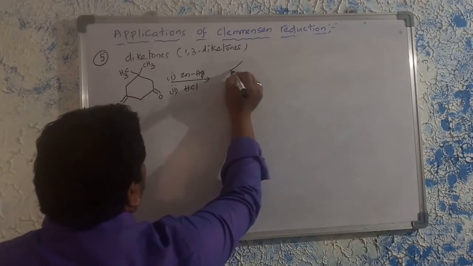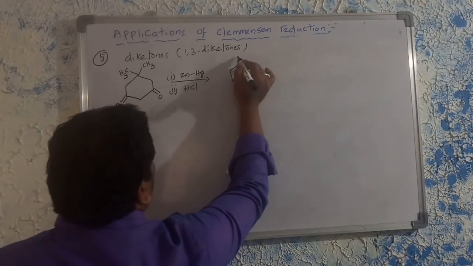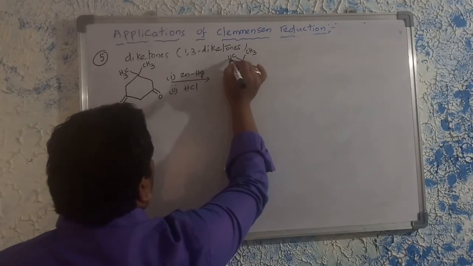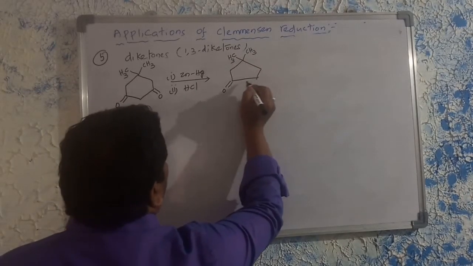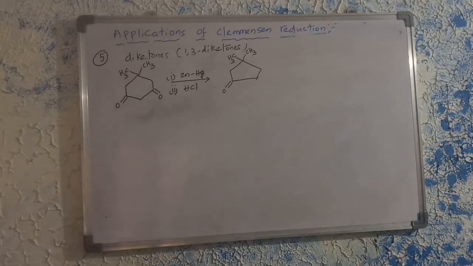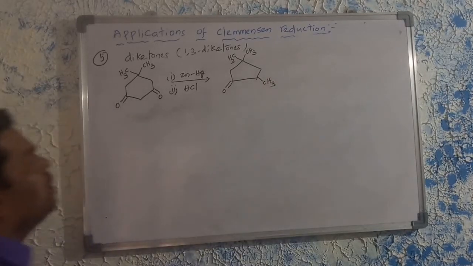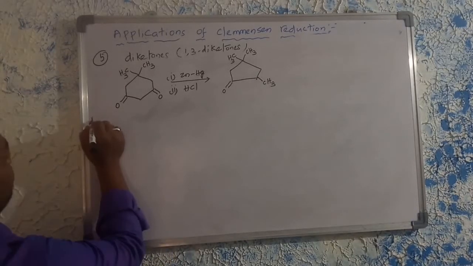The product is a 6-membered ring converting into a 5-membered ring. Here the 6-membered ring converts into a 5-membered ring, and this is the product. We will see the mechanism for this reaction.